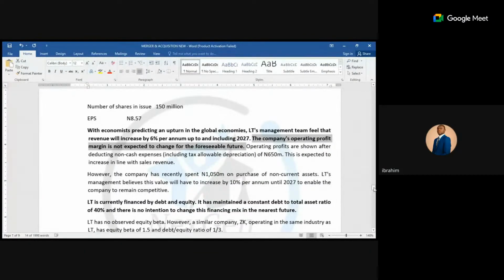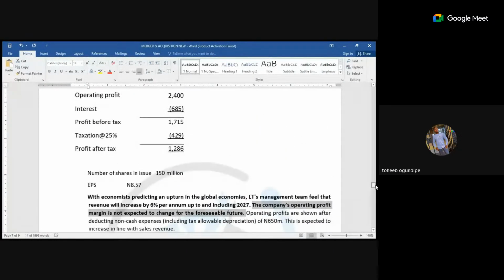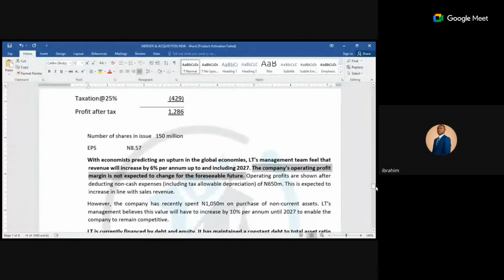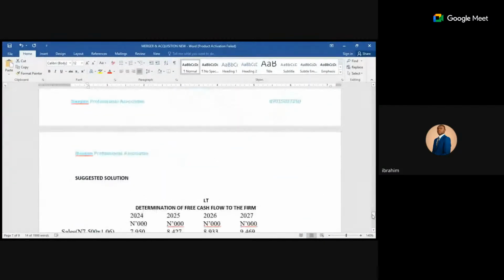Class, what is the formula for calculating operating profit margin? Operating profit over revenue. Thank you. Operating profit margin is operating profit divided by the revenue. It is not expected to change.